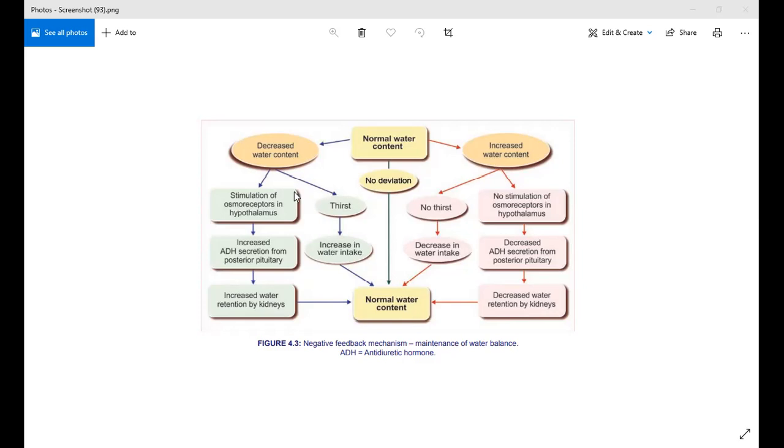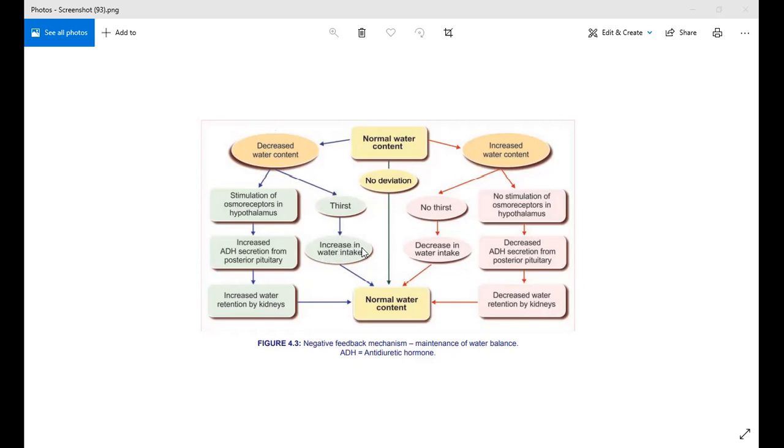By the way, when there's a decrease in water content, one of the ways you will know is that you feel thirsty. So anytime you feel thirsty to drink water, know that your body has a decreased water content, or know that there is increase in osmolarity of your body system. So what should you do?